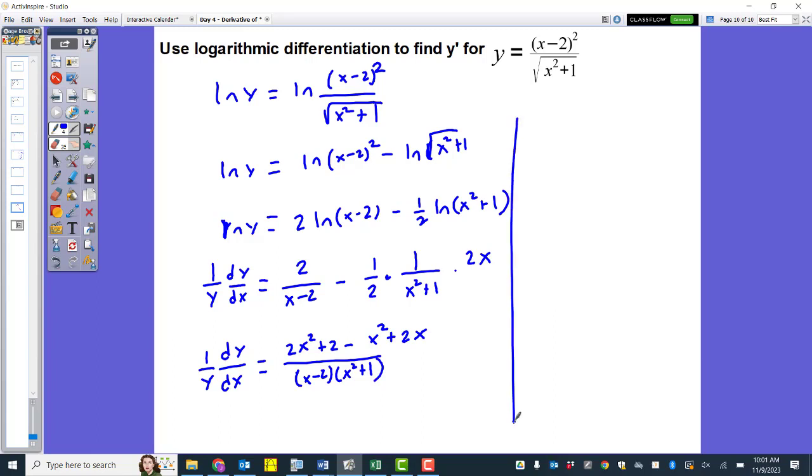We'll simplify it down, and we'll multiply both sides by y. So we have x squared plus 2x plus 2 over x minus 2 x squared plus 1 times y. And we can't leave y in our answer, so we will have to plug back in the y.